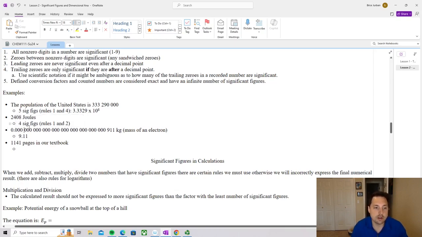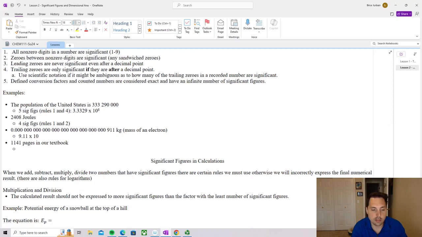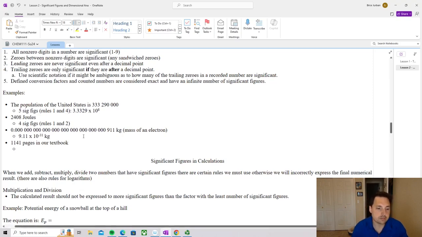So we have 3, 6, 9, 12, 15, 18, 21, 24, 27, 30. And then we got to go one more to move the decimal point, so 31. So if we divided 9.11 by 10 31 times, that would be the same as writing 9.11 times 10 to the negative 31 kilograms.